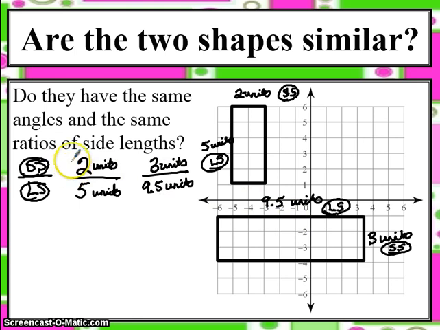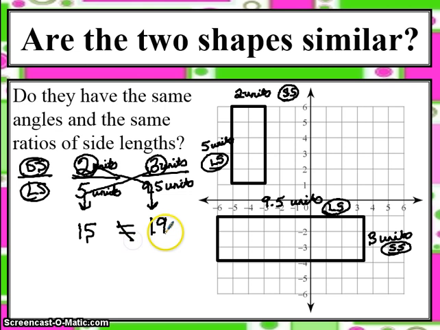Okay. Now, let's cross multiply to see if these are equal. 2 times 9.5. Well, we know that 2 times 9 is 18, and 2 times a half is 1. So what is 18 plus 1? 19. If you didn't know that, you could do it on the side of paper. 3 times 5 is 15. 15 does not equal 19.